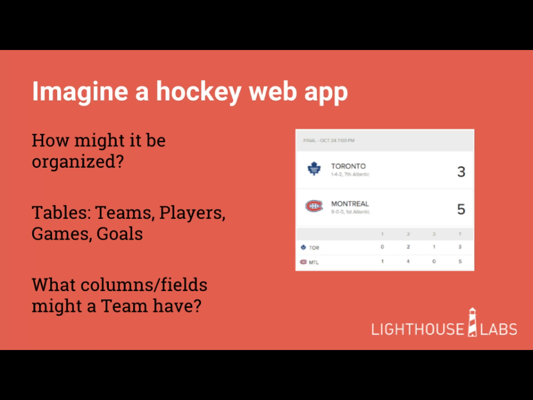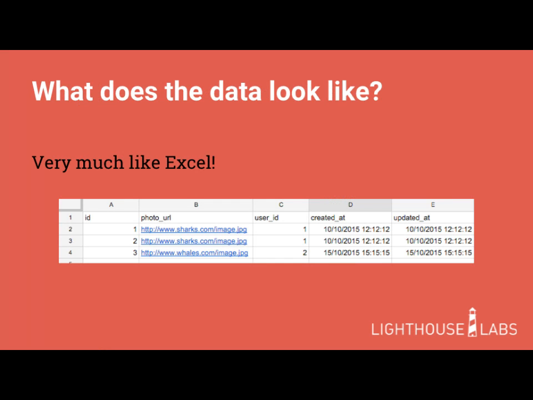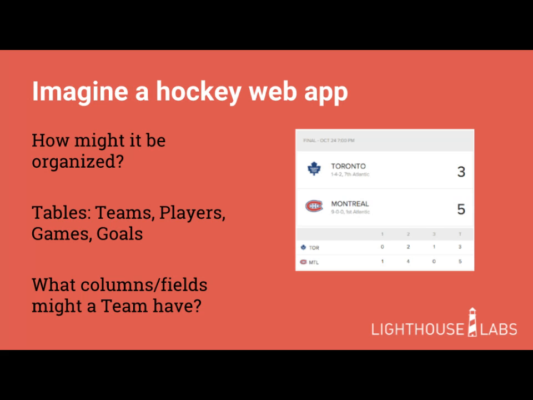So, for example, if we're looking at this Microsoft Excel spreadsheet, how would you model a team? What are some of the column names you'd put in that? I was thinking more like city. What city does he play in?